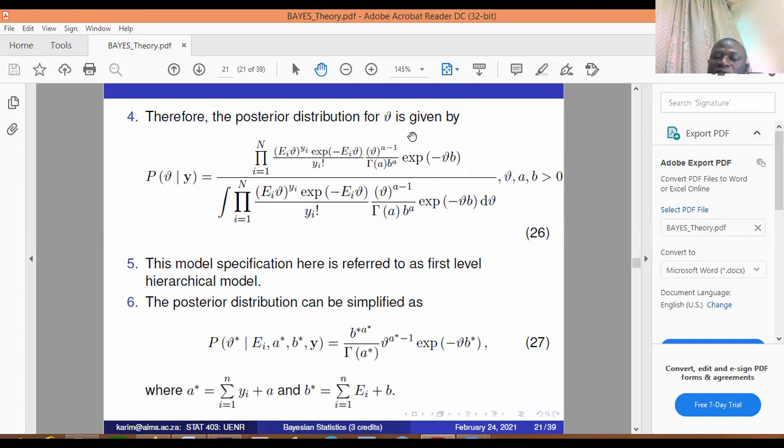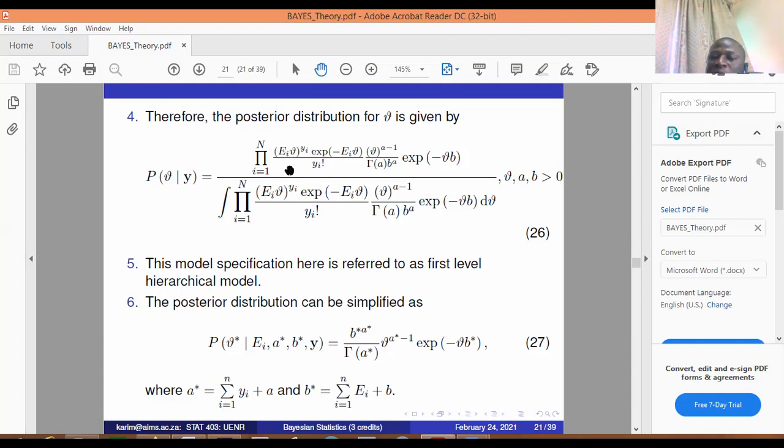So we can simply write this as proportional to what is at the top and ignore the bottom part. So if you consider this model, for instance, the theta that you have here, if you just assume that the whole of this place is theta, and the whole of this place is also theta, you can see that they are going to be the same.